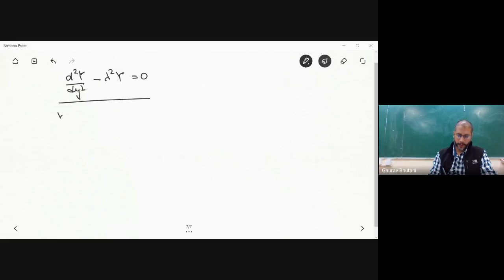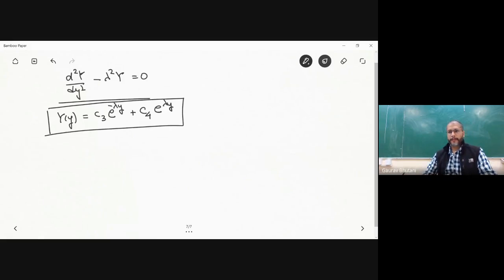But what you'll see is that your Y, which is some function of small y, is going to be some constant, I'll call it C3 because I've used C1 and C2 already, times e to the power of minus lambda y, to stay the same as the book, and then C4 e to the power of lambda y. In this case your characteristic equation was p squared equals lambda squared, so you have plus minus lambda, the real values.